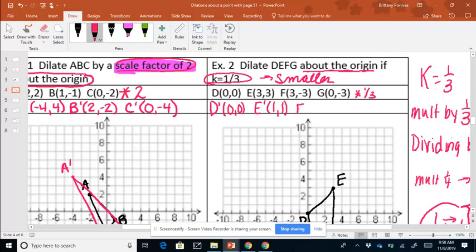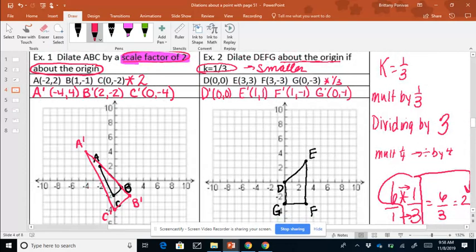And then F prime is going to be 1, negative 1. And then G prime is going to be 0, negative 1. If you have a fraction scale factor, the majority of the time, you should end up with whole numbers.